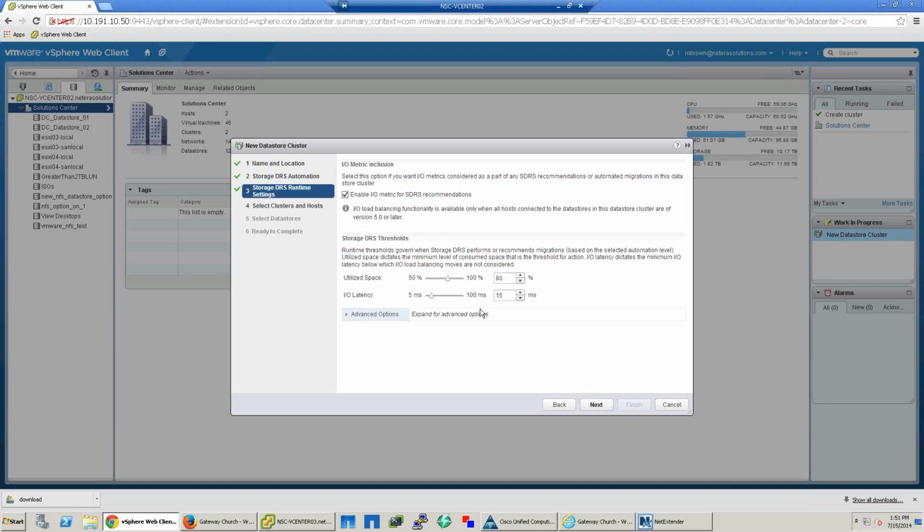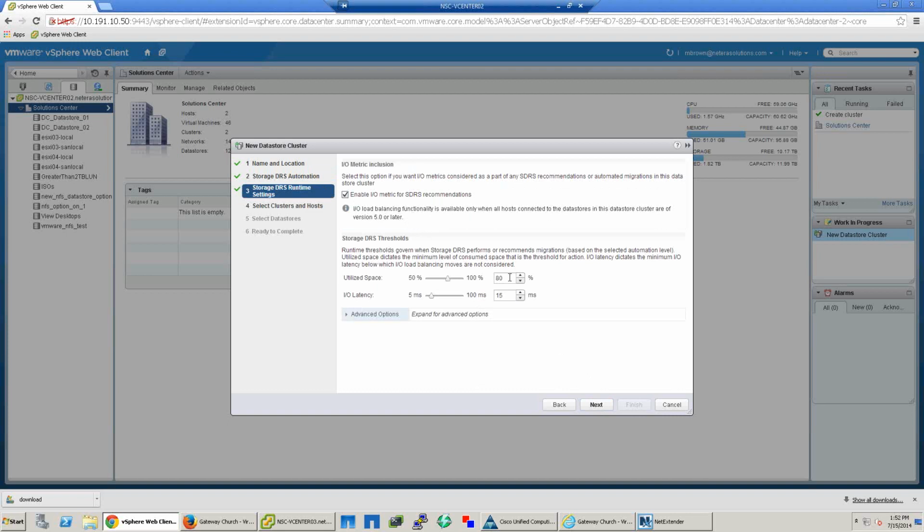So here we get to choose whether we use the I/O latencies to move VMs. For load balancing, if a data store exceeds that latency limit, that 15 milliseconds, that's when the load balancing algorithm will kick off and move virtual machines around until that latency goes down, or move those VMs to a data store that does not have those latencies.